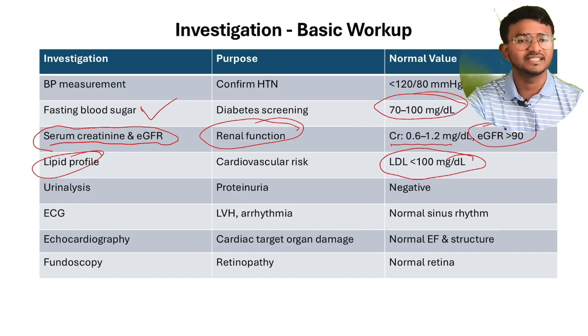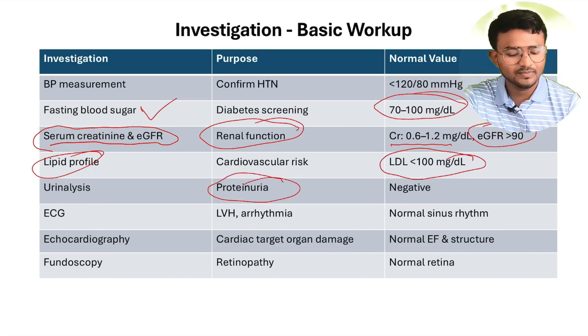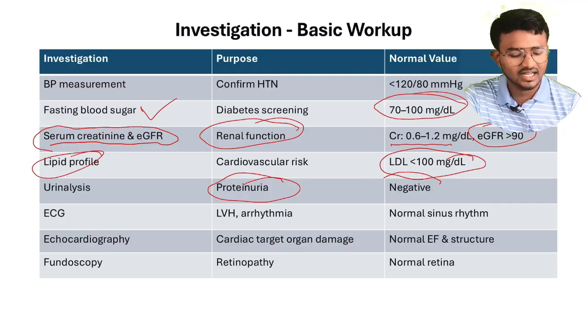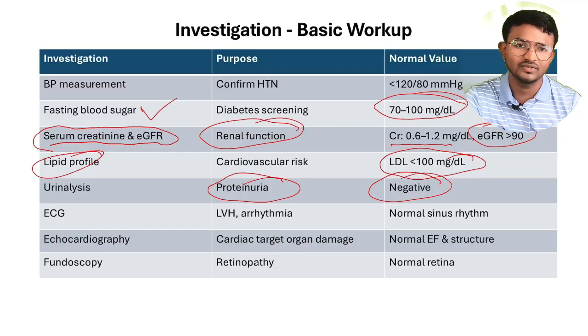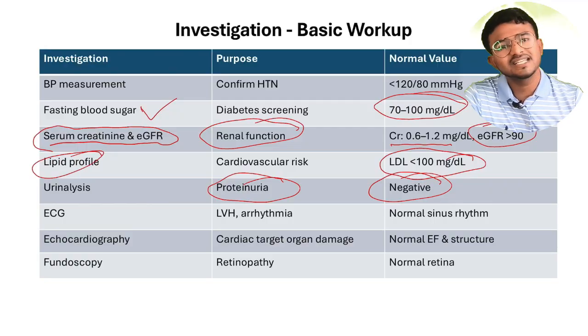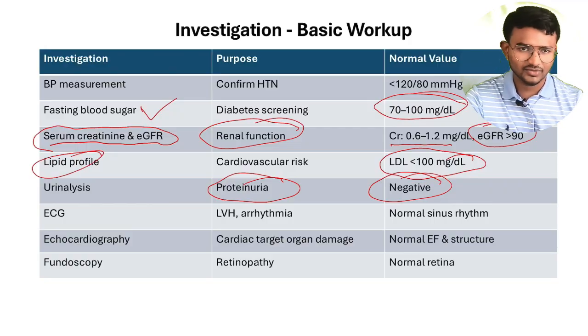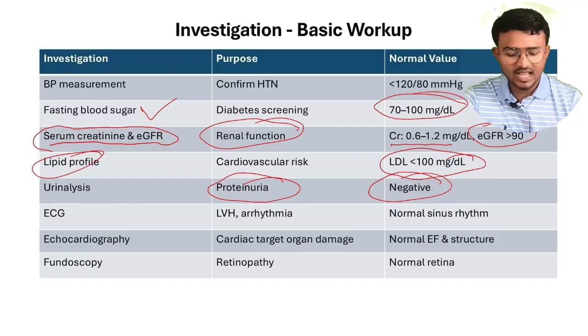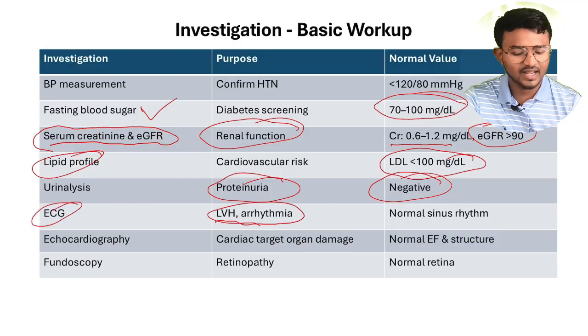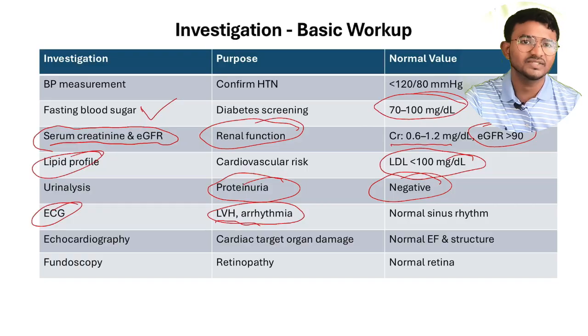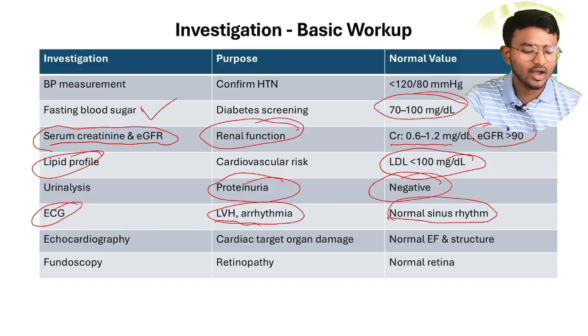Next one, urinalysis. In urinalysis, we can see proteinuria, and if negative, we don't need to worry. Why do we have to check? Hypertension can cause nephritic syndrome or nephrotic syndrome, so that's why we have to check. Next one, ECG. In ECG, left ventricular hypertrophy and arrhythmia are the things we can see in hypertension cases, versus normal sinus rhythm.